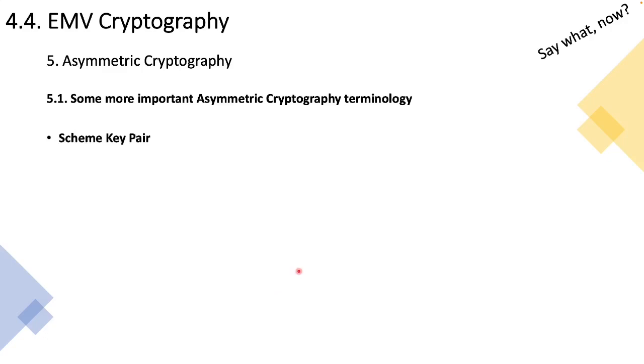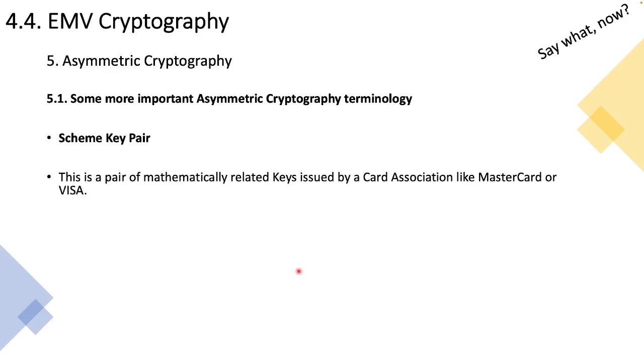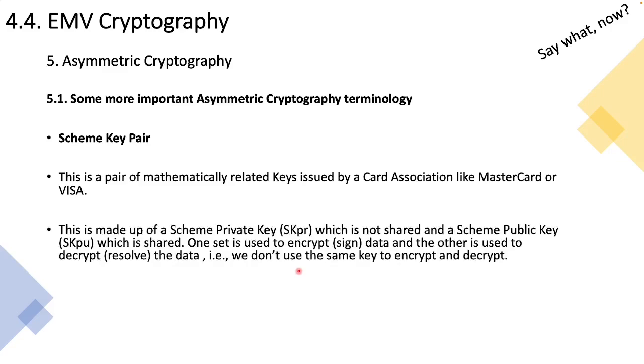Okay, let's look at more terminology under asymmetric cryptography. We have something called a scheme key pair. Again, this is a mathematically related key set issued by a card association like MasterCard or Visa. This scheme key pair is made up of two components. The first component is called the scheme private key, SKPR, and this is never shared.